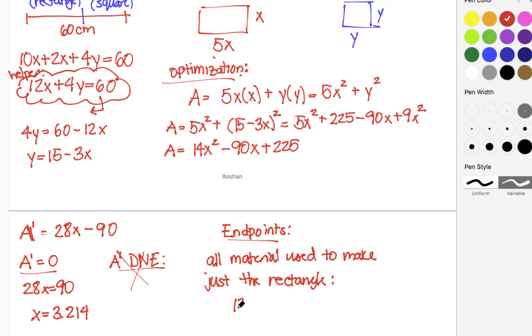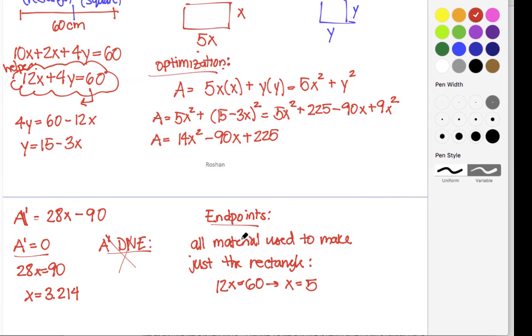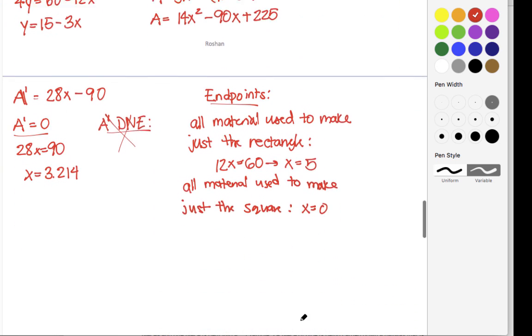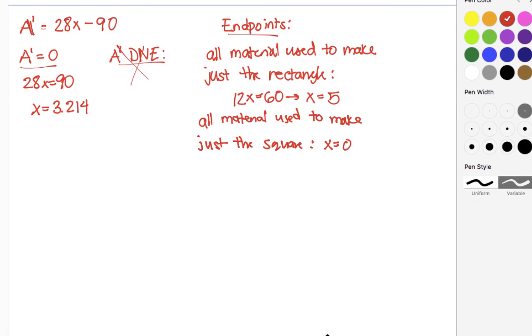I would have the 12x being equal to 60. So the x would be 5. Or I could have all the material used to make just the square. And if that was the case, then none of it would go into here. So my x would just be 0. So those are my endpoints, and I need to compare those to find the minimum and the maximum.